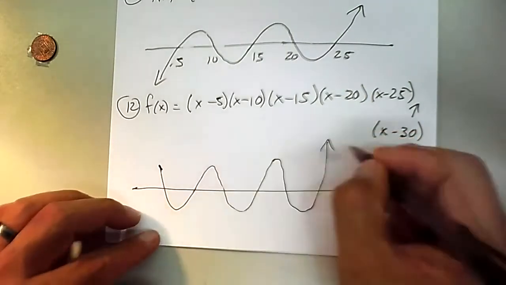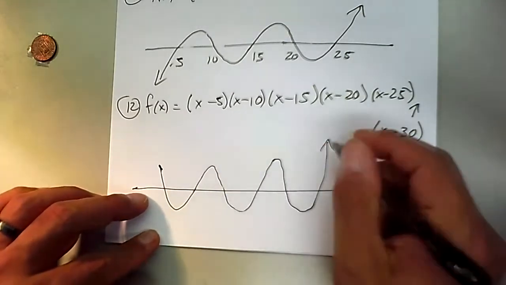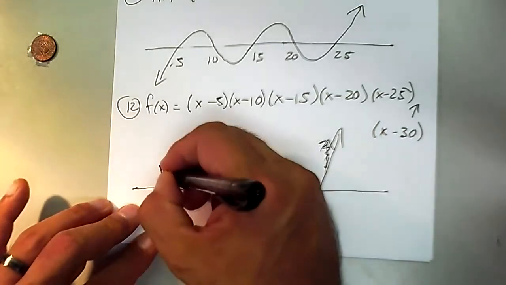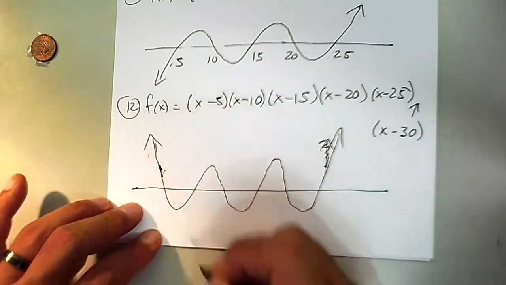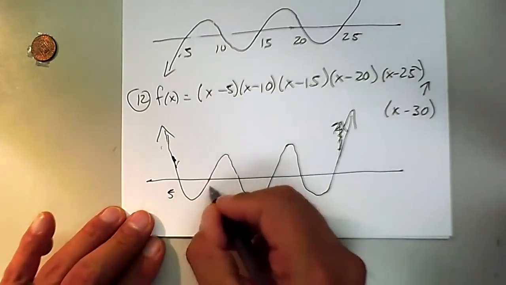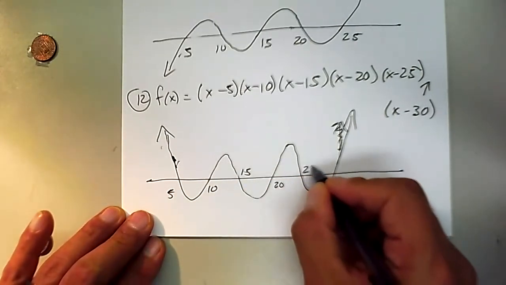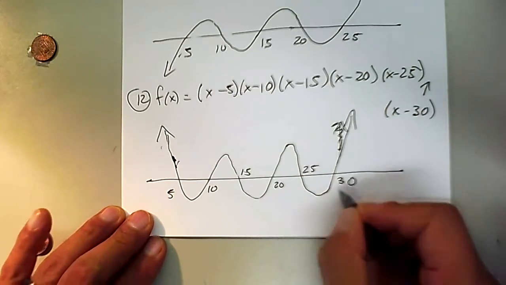There we go. This should be a little farther to the right. There you go. And there. So we got 5, 10, 15, 20, 25, 30. There we go.